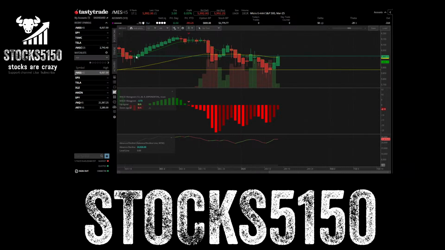I want to make this one a little thicker so I can pay attention to it. If we break above this, it's green. If we're breaking below that, we need to use caution because we're going down. This is the previous day high and previous day low. This is what I trade.